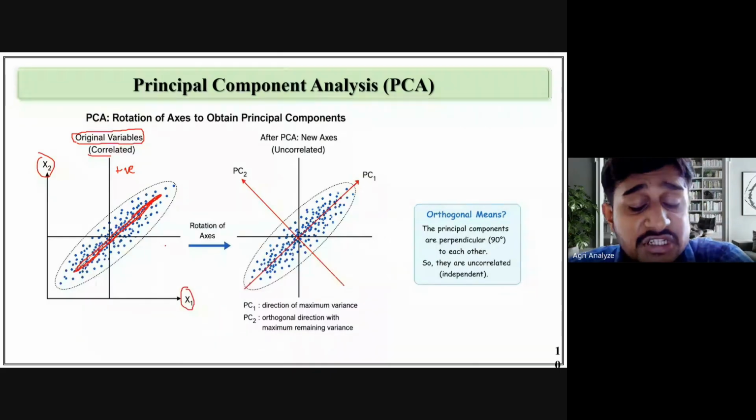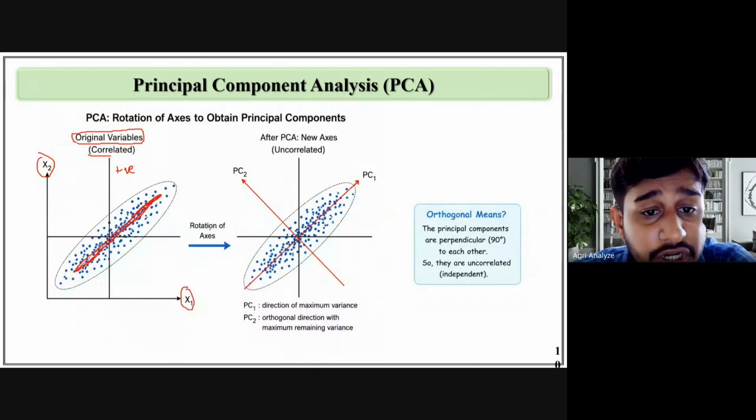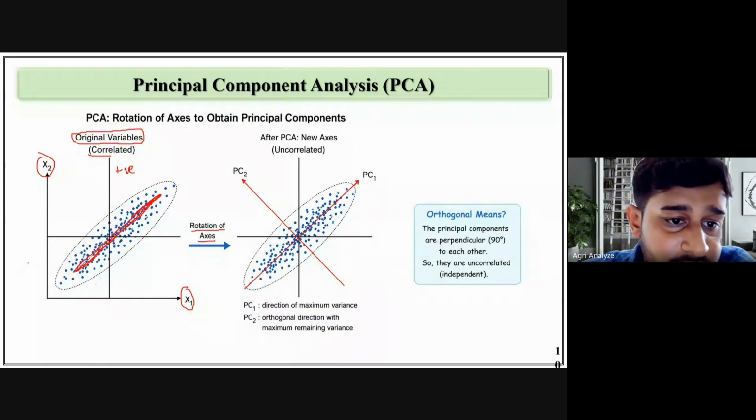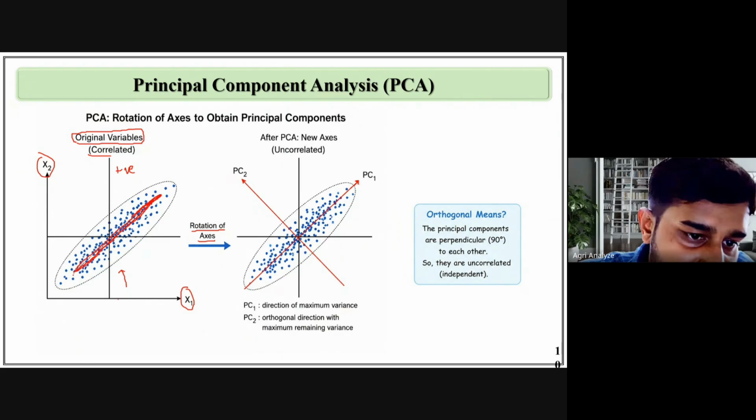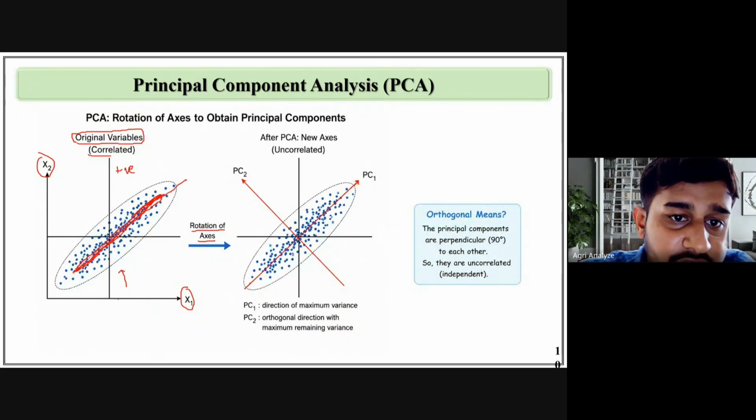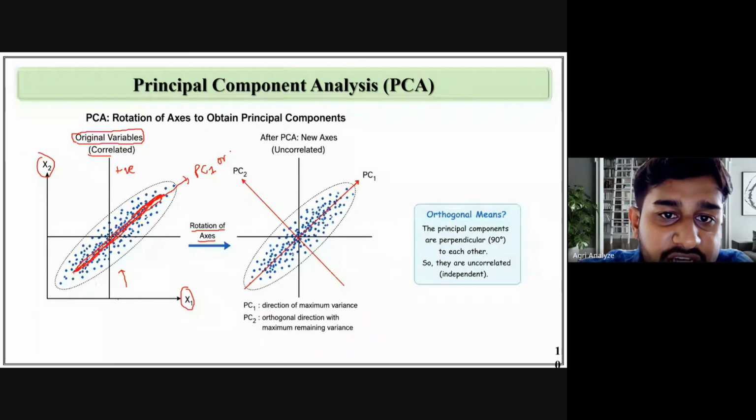Now, principal component analysis is a rotation of axes, like how the data is rotated. So here x1 is rotated to look like this. This is our data line or trend line, which is PC1. Now it is PC1, or you can say the x-axis.